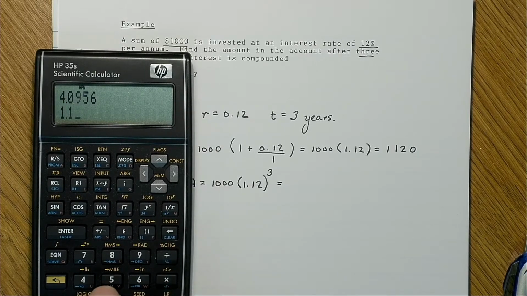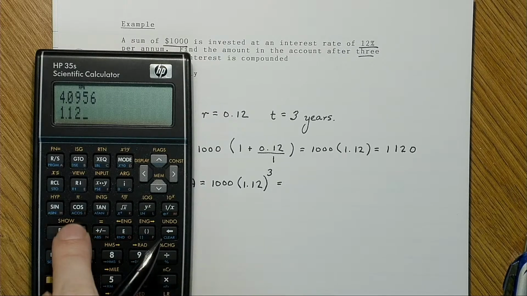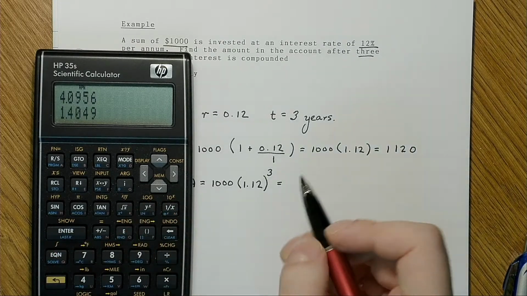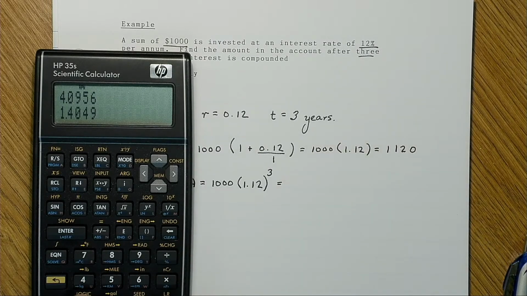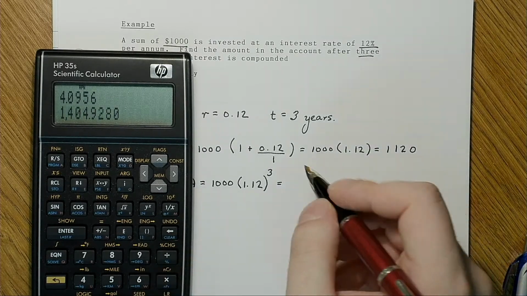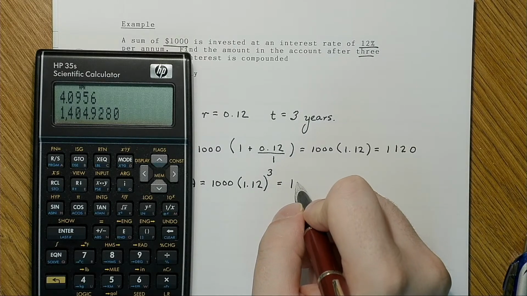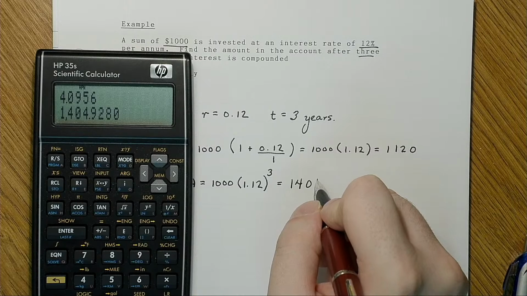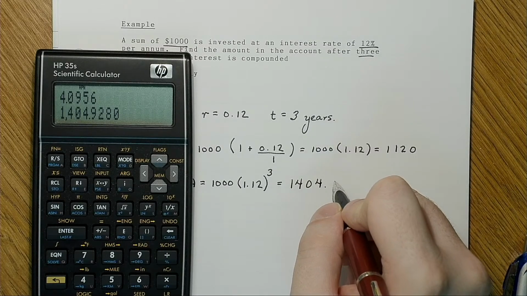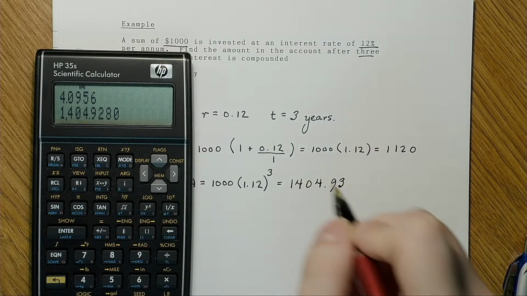So 1.12 cubed, 1.4049 times 1,000 gives me $1,404.93.